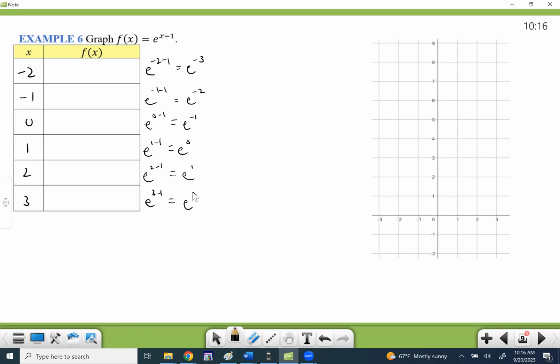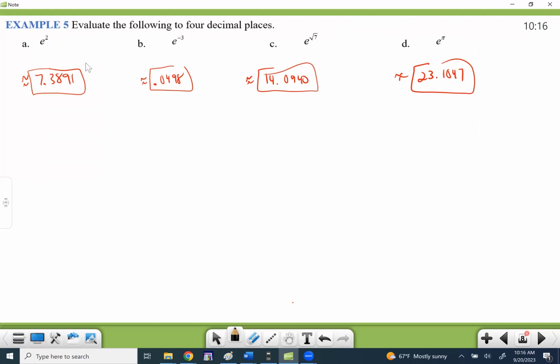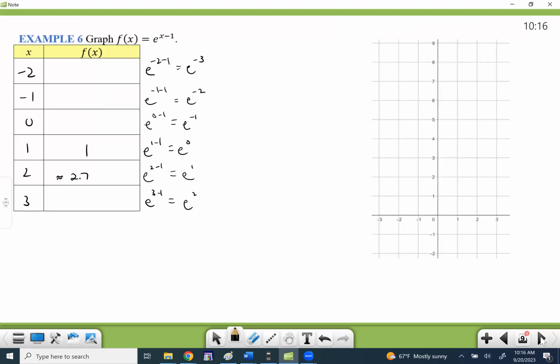Okay. Some of these I know, like anything to the 0 power is 1. We just learned that e is 2.7-ish. So I'm going to put 2.7 with an approximately. All these are going to be approximately. And didn't we just square e on the last page and it was like 7 point something? 7.3, 7.4-ish. So we'll just go ahead and put that one in since we already did it.